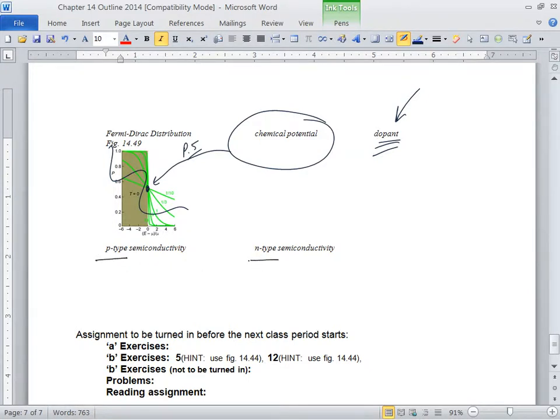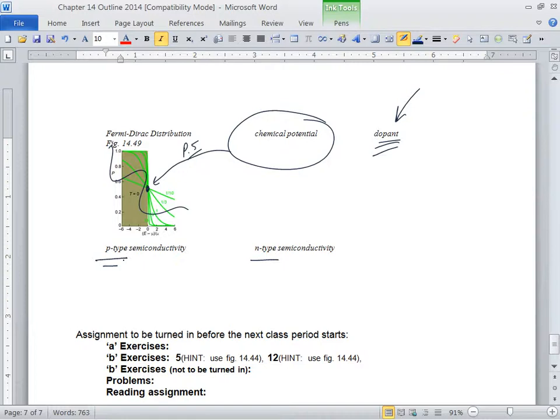N for negative, P for positive. So you can dope with atoms that have more electrons than the semiconductor material, or dope with atoms that have fewer.